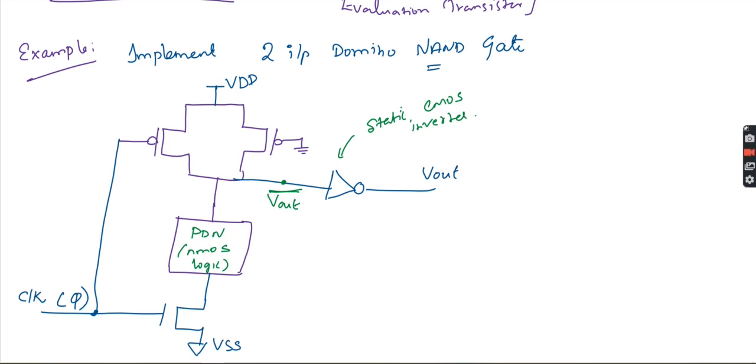Let me say how this will work. The operation will be like this. When you apply the clock signal, this will be the pre-charge phase, and this will be your evaluation phase. So during the evaluation phase only it will produce the output. During the pre-charge phase, nothing will happen even though you give the inputs.